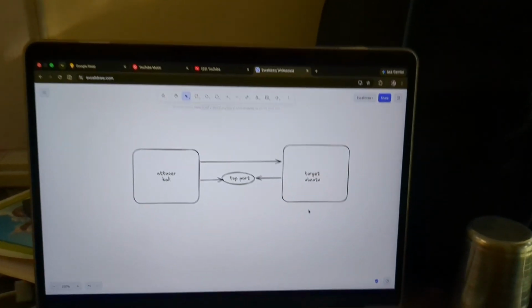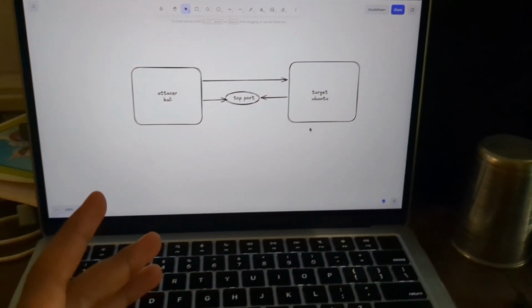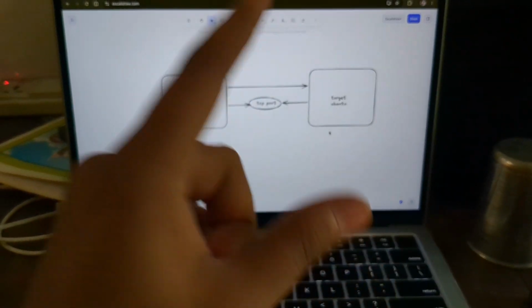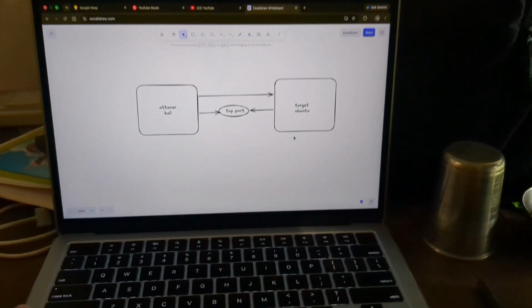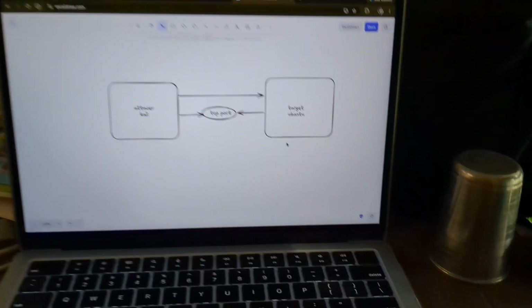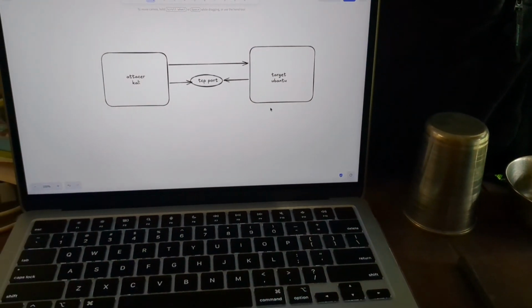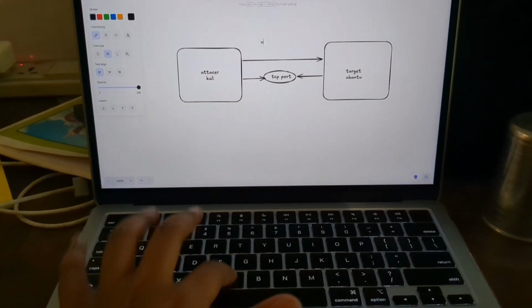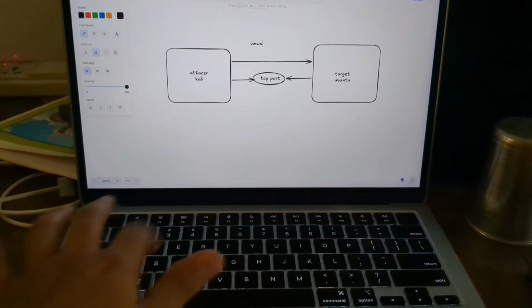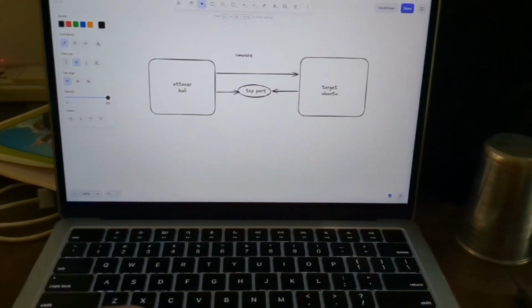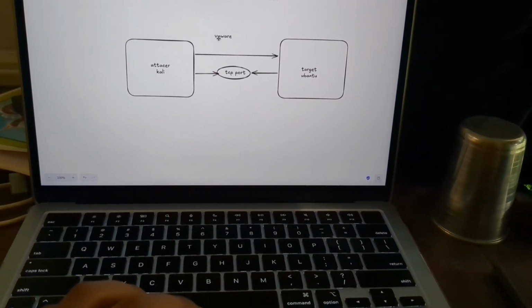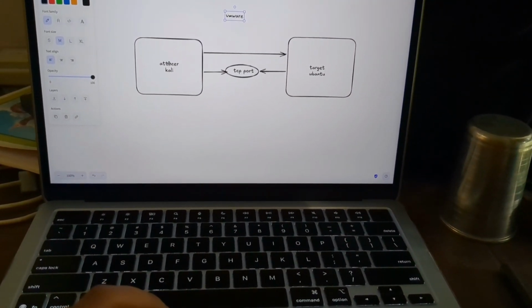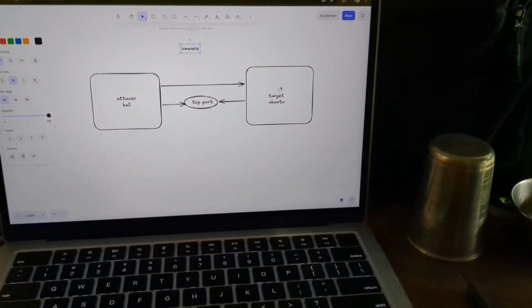There is an IP address command, which gives the IP of the target machine. I have set up these two machines on my VMware, on my college system: one is Kali, one is Ubuntu.